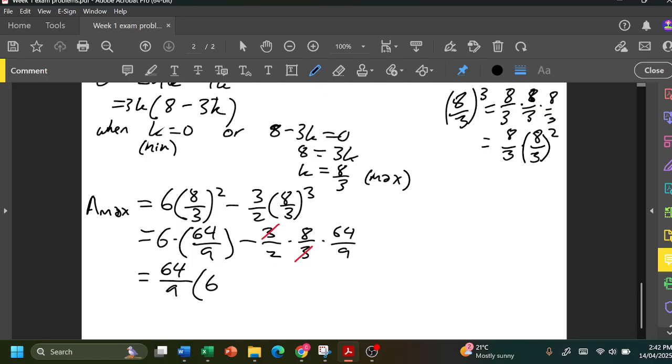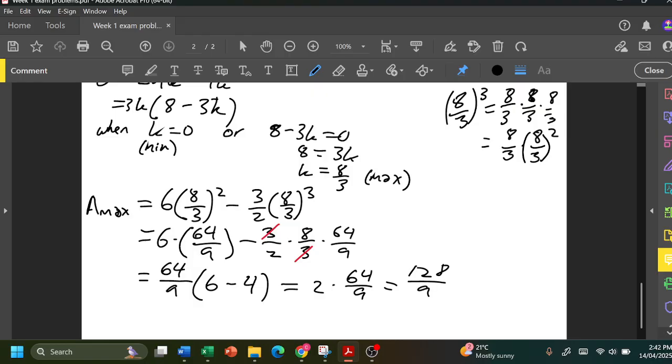Taking that out, that leaves us with 6 for this first term, and 8 divided by 2, that's equal to 4. And we can see now we just have 64 over 9 times 6 minus 4, which is just equal to 2. So therefore, we're going to get 2 times 64 over 9, which is equal to 128 over 9.